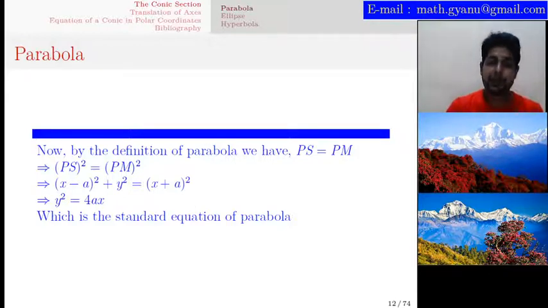Today our main aim is to derive this standard equation of parabola, and I hope you should be able to derive it.